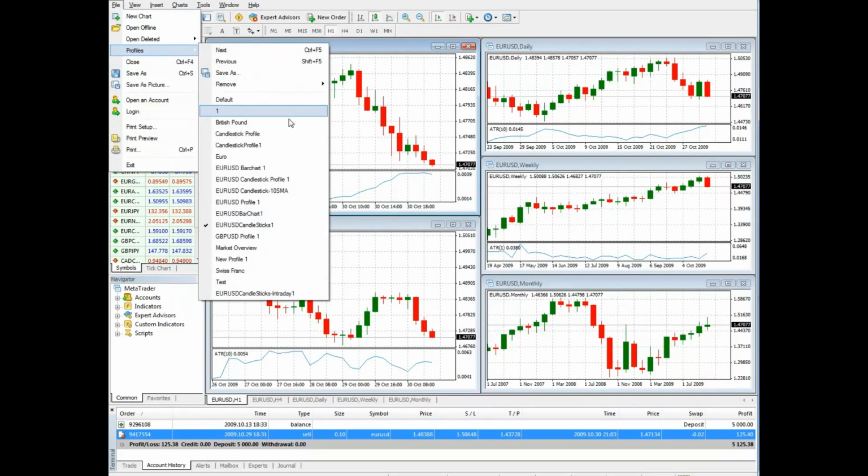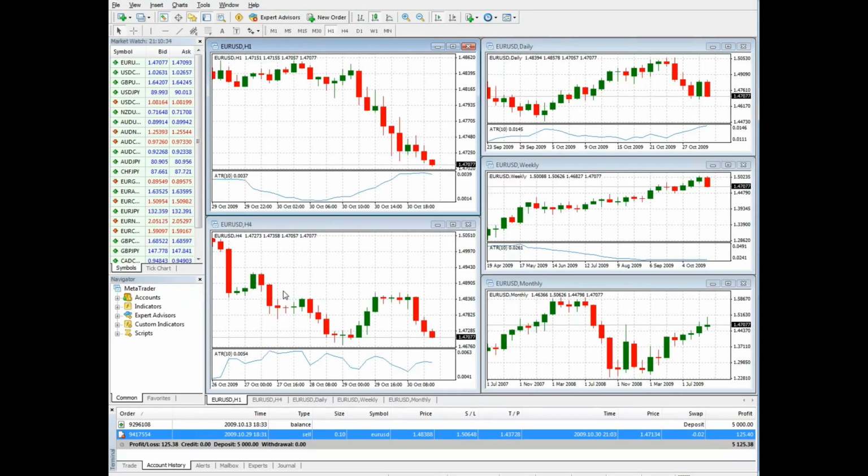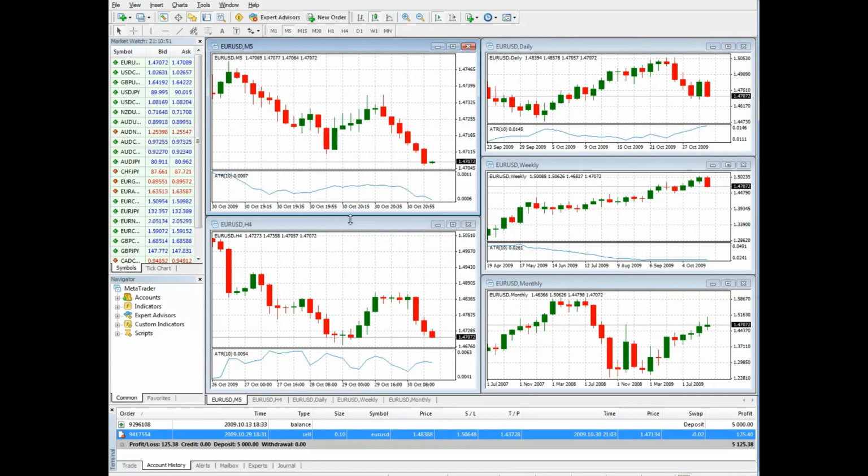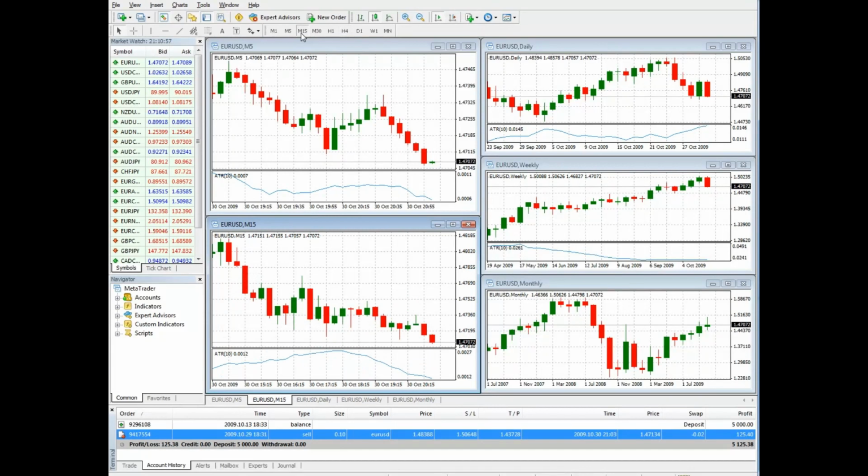So profiles, and let's go down to our candlesticks intraday. There we go. And here, all we have to do is change some time frames. So let's say we wanted to look at a 5-minute chart here, and a 15-minute chart there.